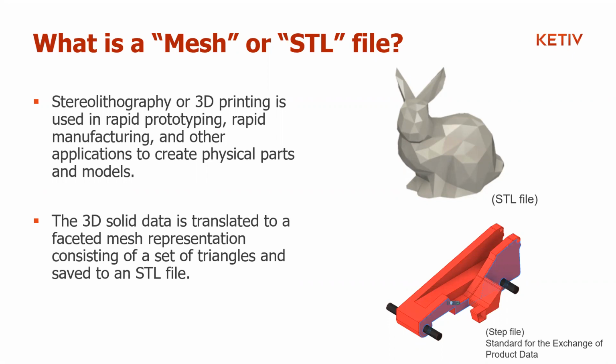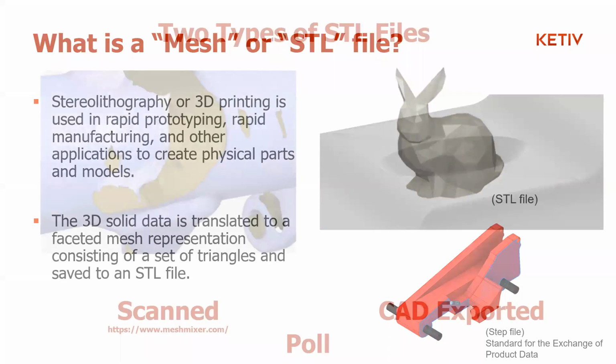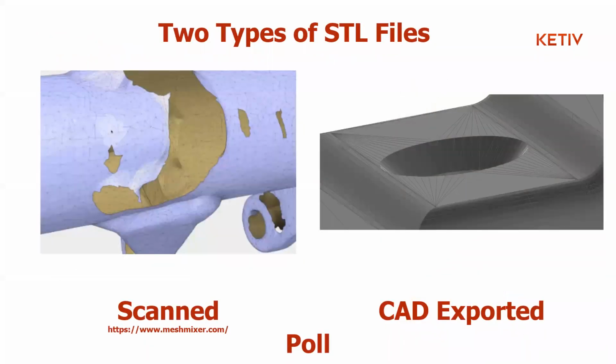So, all right, with that said, there are 2 types of STL files. There is a scanned STL file that Nigel was mentioning, where it might be more abrupt, more interrupted, organic looking even. There might be some holes in the scan. It's represented by the one on the left-hand side.